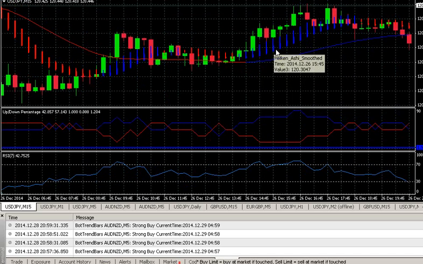The Heiken candles are these little ghost candles here, just below the actual price candles. Now, what's fascinating about Heiken Ashi is they're working off of the push and pull of the average price.